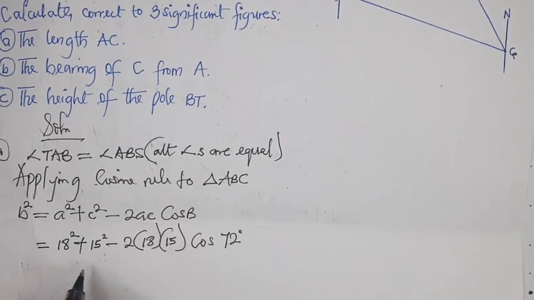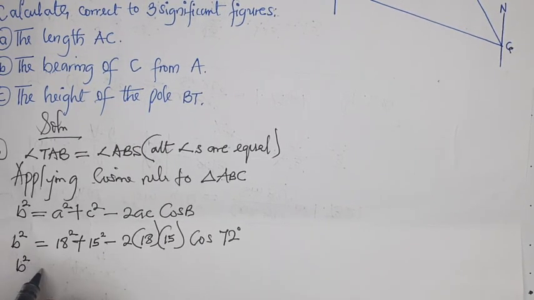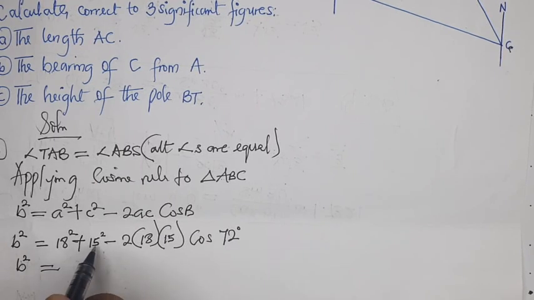Now, with the information we have so far, we come down again with our b squared to find side b. So b squared is going to be 18 squared plus 15 squared minus 2 times 18 times 15 times cos 72.